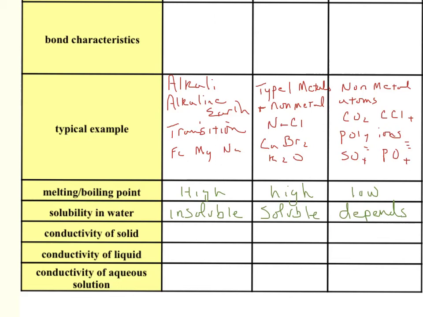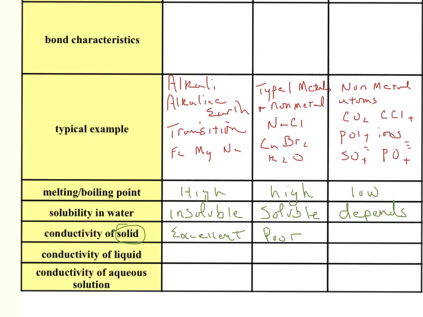Conductivity, I would say excellent. Metals are very good conductors. Ionic compounds are poor, and again, we are in a solid phase here.